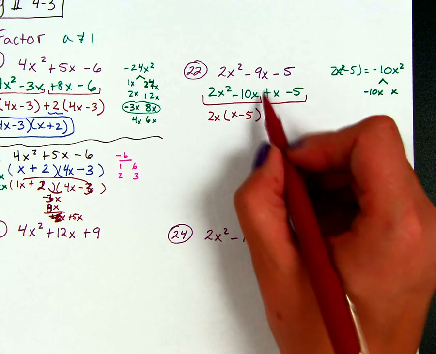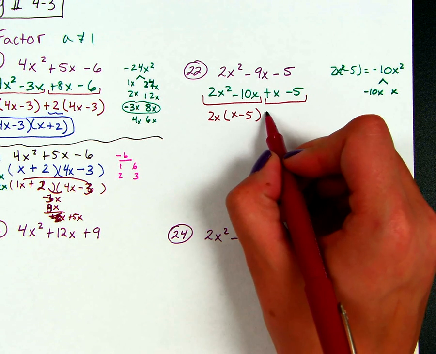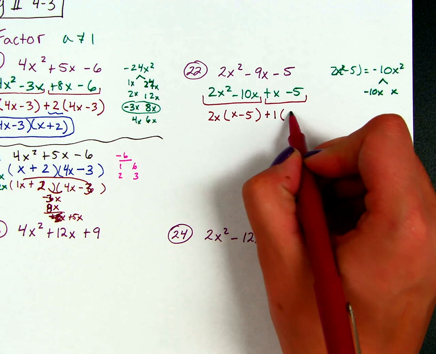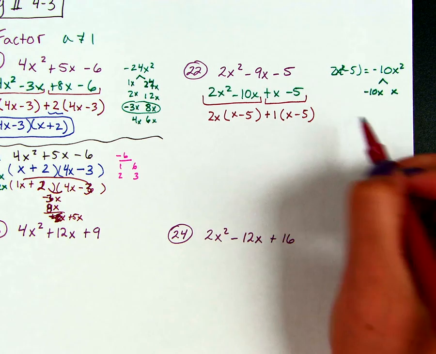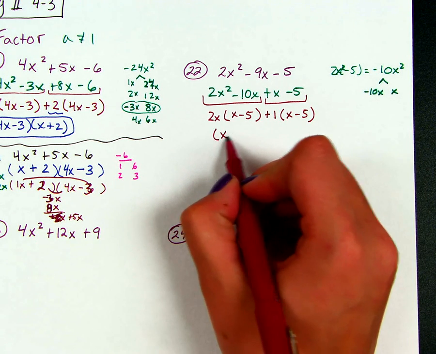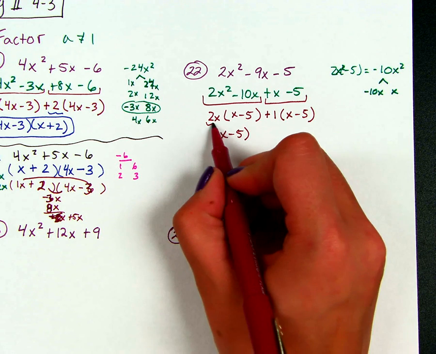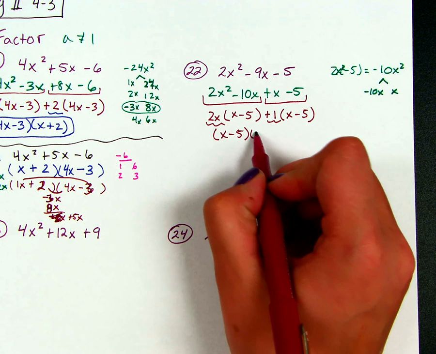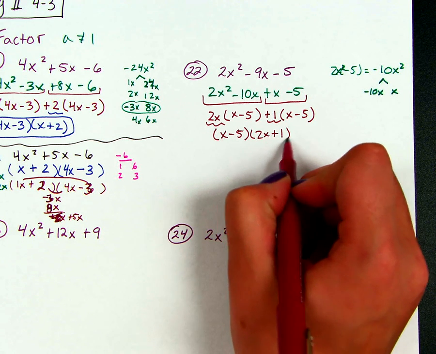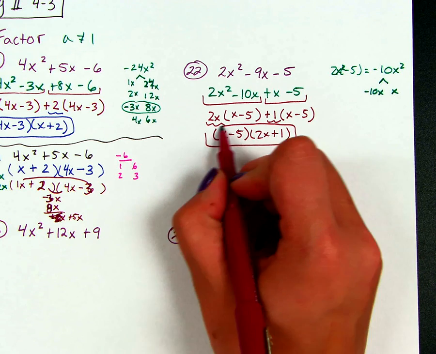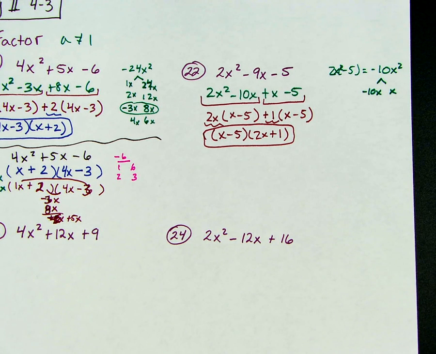From our second group, our common factor is 1, so I'm going to have a plus 1 in front, and then x minus 5. And then we're going to factor out x minus 5 next, and we are left with this 2x and 1, so that goes in my second set of parentheses. So this would be my final answer for that problem.